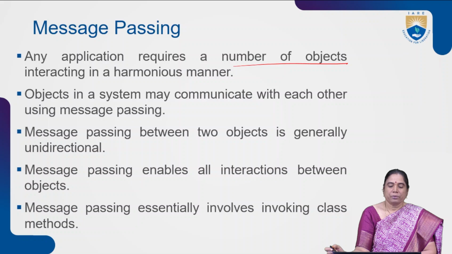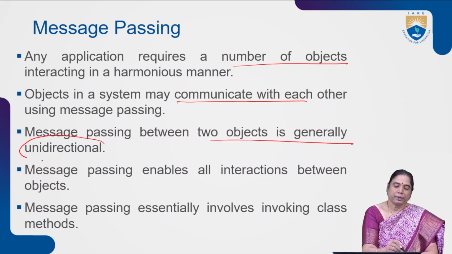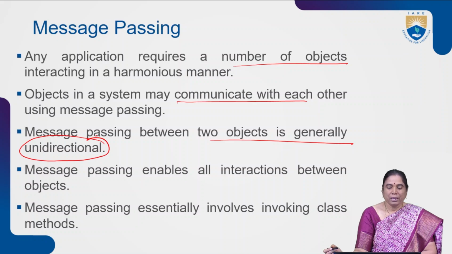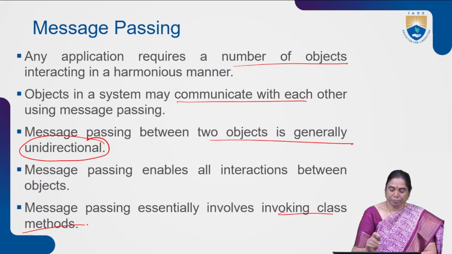So objects in the system communicate with each other using message passing. Message passing between two objects is generally unidirectional. Message passing enables all interactions between the objects. It is essential for invoking class methods.